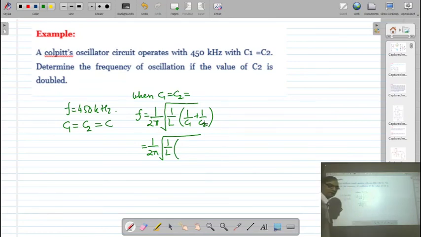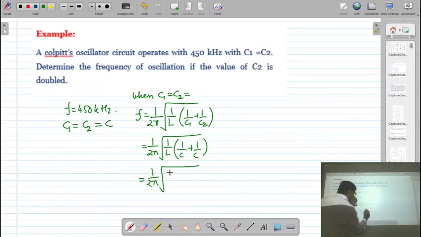Now if C1 and C2 are the same, we can write 1 upon C plus 1 upon C, which comes out to be 2C divided by C square, so we have 2 by C. Correct? And what is the frequency? The frequency at that time is 450 kilohertz. Remember, that is my f.